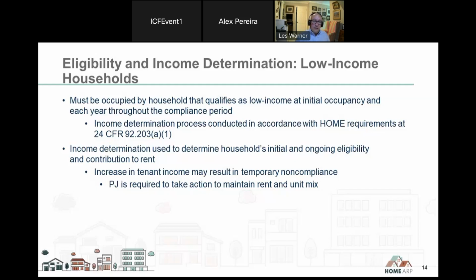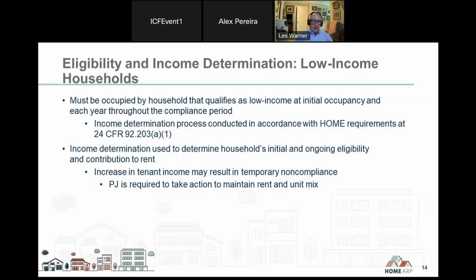So when we see that a tenant's income at recertification has gone over income, so over that 80% area median income, depending on whether we're able to make adjustments, we may have a project that's temporarily non-compliant because they're waiting for that opportunity to bring that unit back into compliance. That's fine.